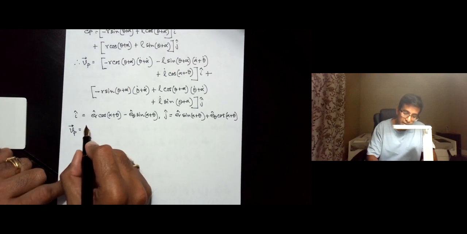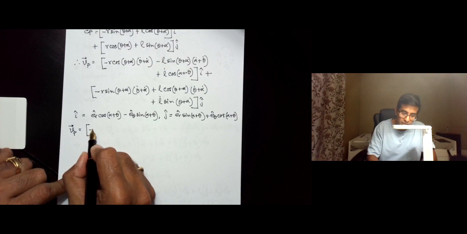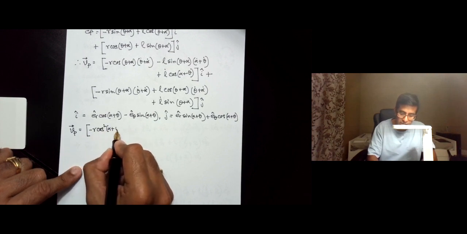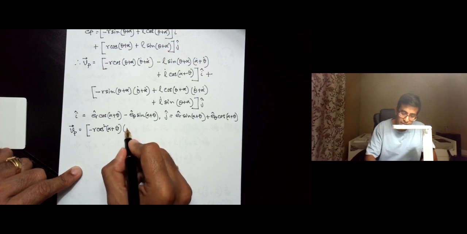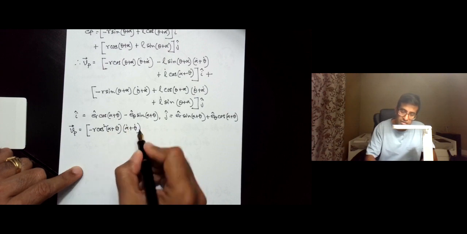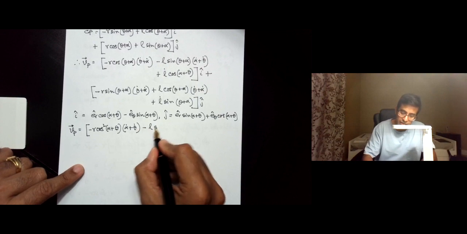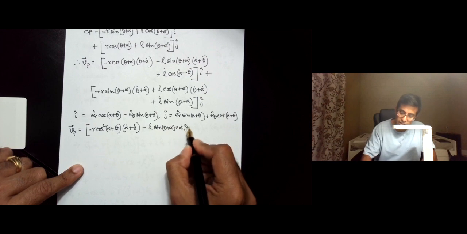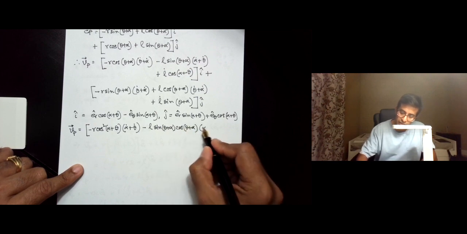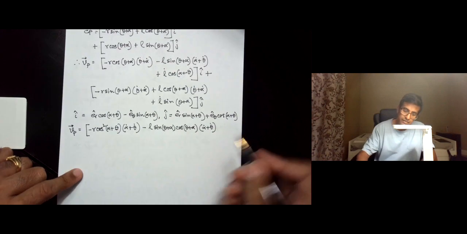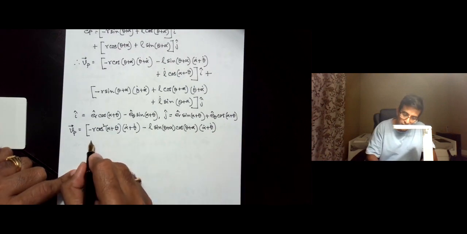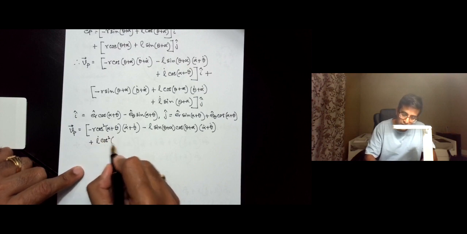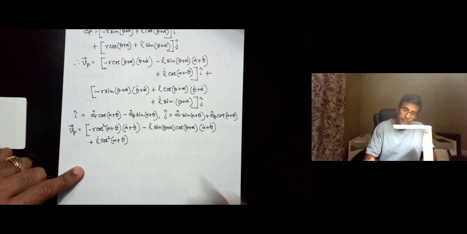So we will have as coefficient of er minus r cosine squared alpha plus theta times alpha dot plus theta dot, minus L sine theta plus alpha cosine of theta plus alpha times alpha dot plus theta dot, plus L dot cosine squared alpha plus theta.